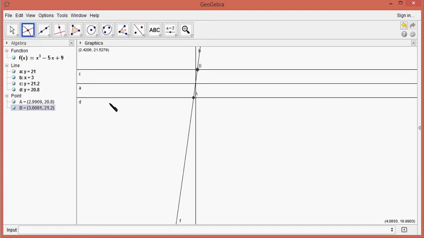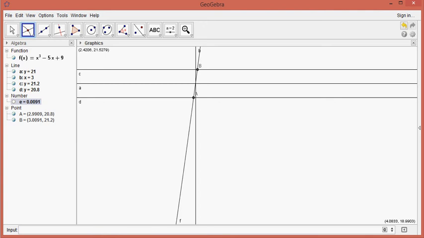So the difference is going to be from 3, 3 minus 2.9909, so it's 0.0091. So it looks like the corresponding value is 0.0091.